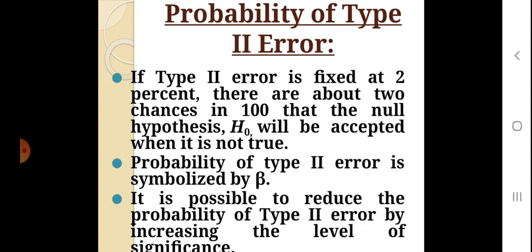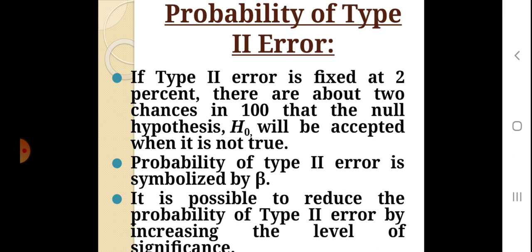Now we will move on to the next topic, that is probability of type 2 error. Students, the probability of committing a type 2 error is calculated by subtracting the power of a test from 1.